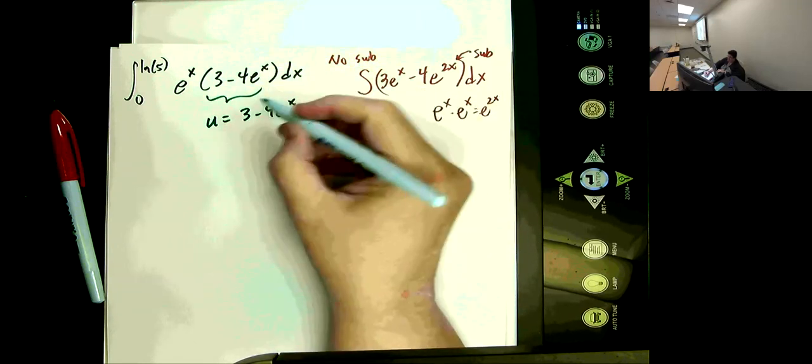What could I do as a u-sub here? The inside of the parentheses. You want to do the whole thing? Sure, let's do it. Can't hurt to try, right?